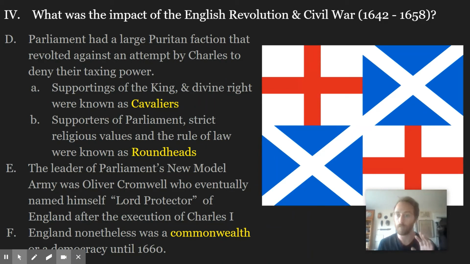Cromwell's soldiers are really proud of themselves. They got these fancy standards, and after the king is executed by Parliament, they name him Lord Protector effectively. And so he is kind of a dictator, which is a little bit ironic considering Parliament's fighting for rule of law, but Parliament's the one that gives them the dictatorial powers, so they feel okay with it.